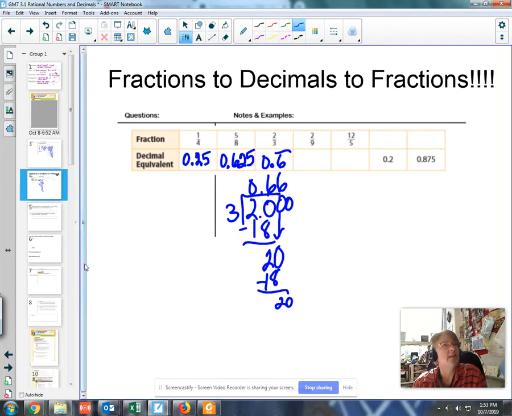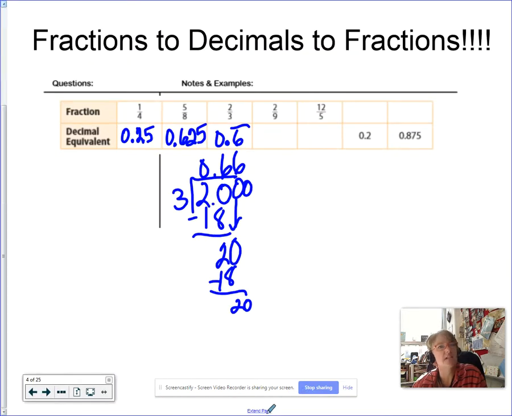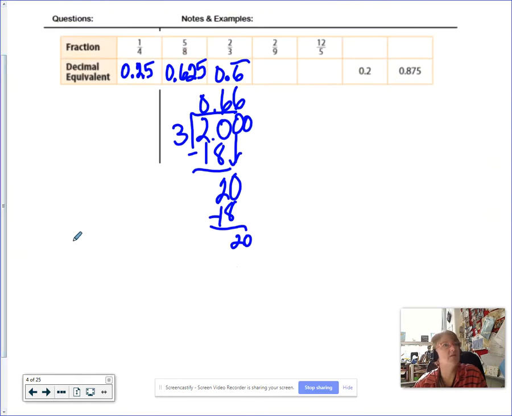Ooh, 2/9. All right. 2/9 means 2 divided by 9. Okay, so I'm gonna come over here. 2 divided by 9. Oh, watch what happens on this one. Can 9 fit into 2? Well, of course not. There's my decimal point. Add a 0.